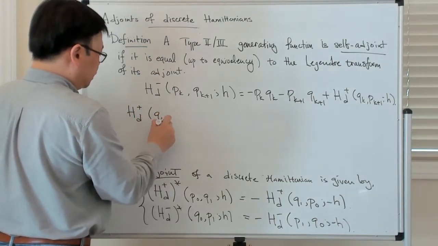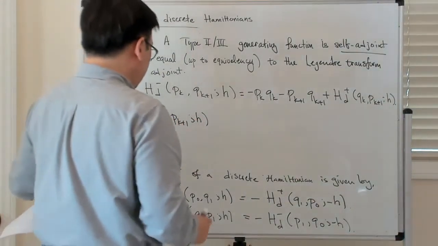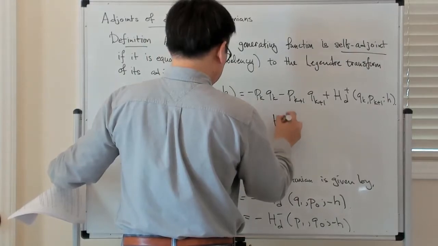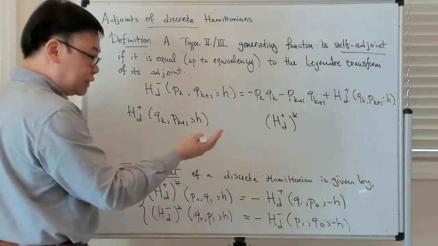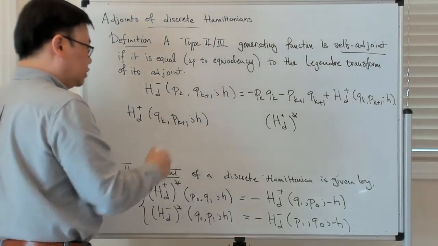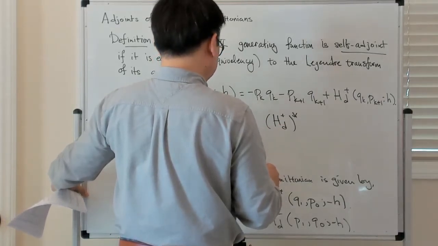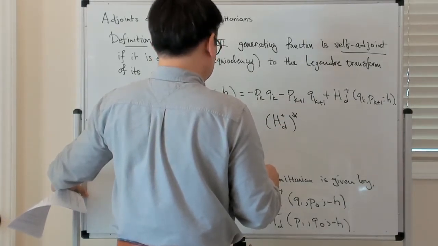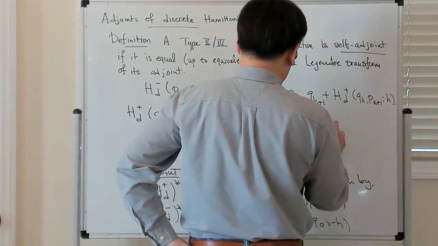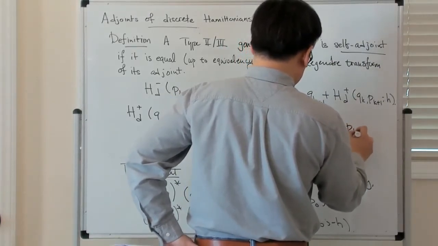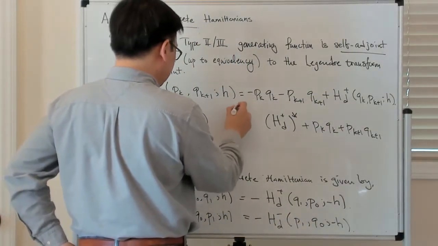So what you want to do then is, if you had HD plus, say qk pk plus 1, and then you take its adjoint, HD plus adjoint, then this is a different type of generating function, so you have to take the Legendre transform of this. So you have to have basically something like this plus pk qk plus pk plus 1 qk plus 1. And then you have to ask whether this is equal to this.